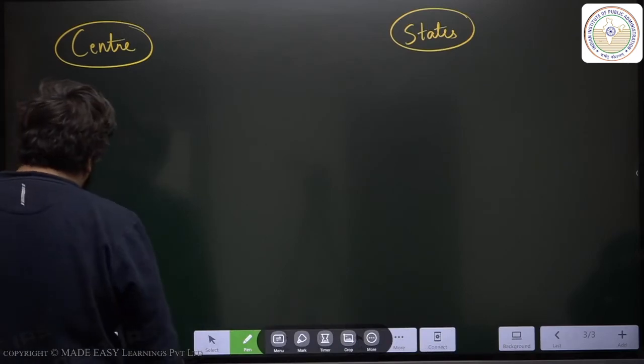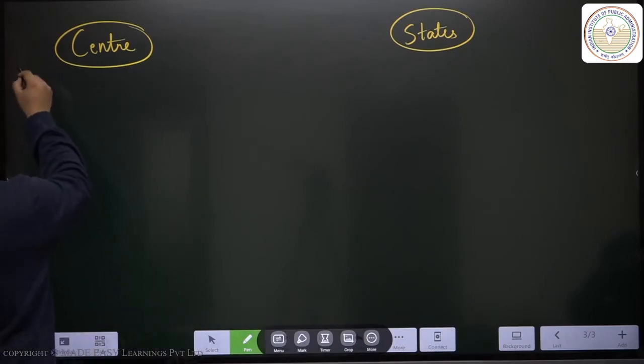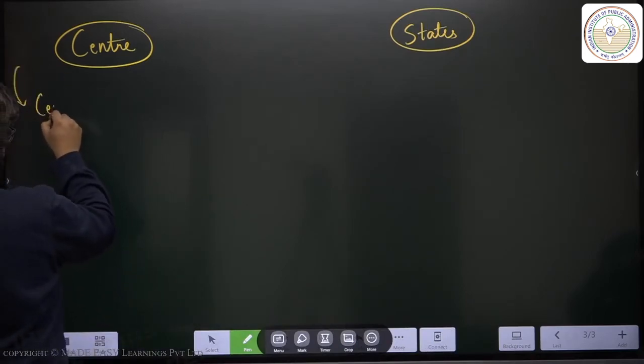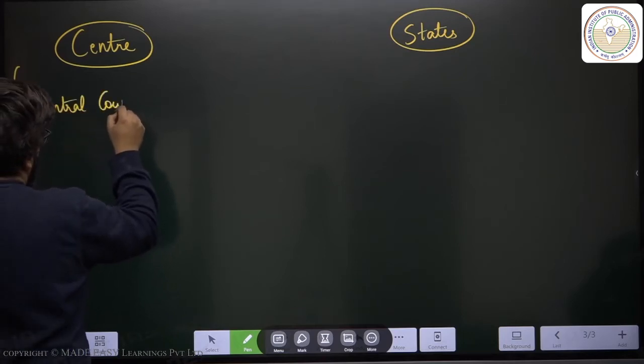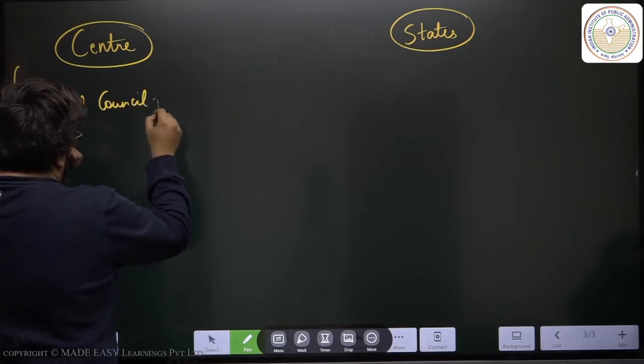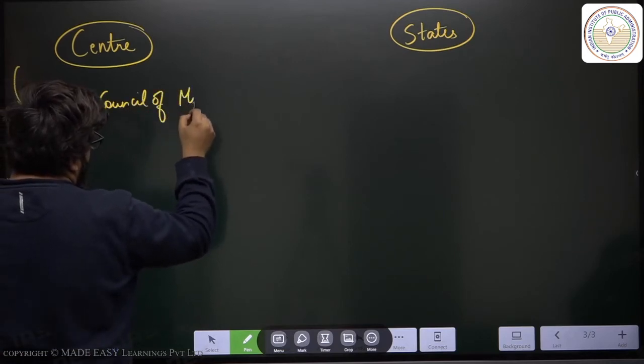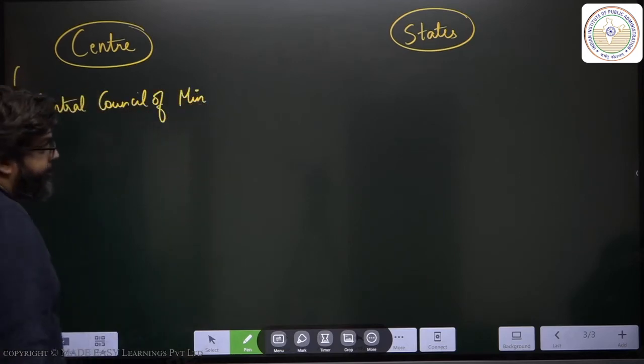Now, here these are called Central Council of Ministers.